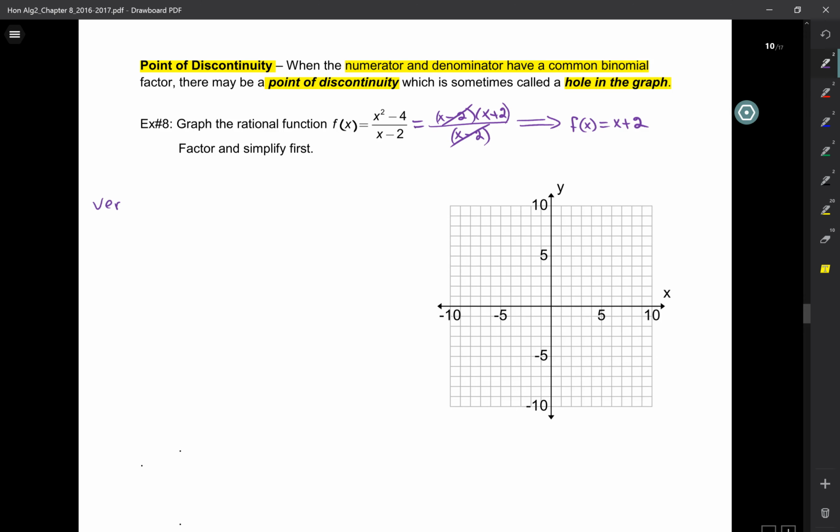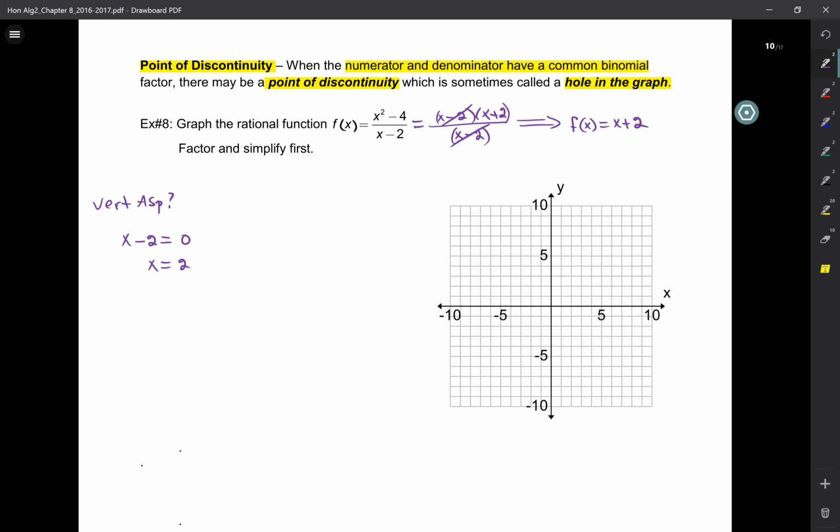So now, is there a vertical asymptote? Well, we take x minus 2, we set it equal to 0 from the denominator, and we get that x equals 2. But what happened to that x minus 2? It's gone. It used to be a huge problem. There was a vertical asymptote there. But we were able to cross it out. We were able to make it go away.